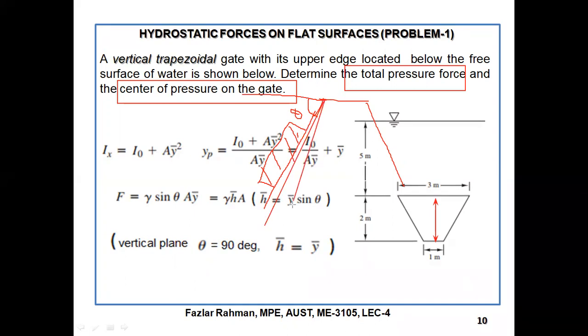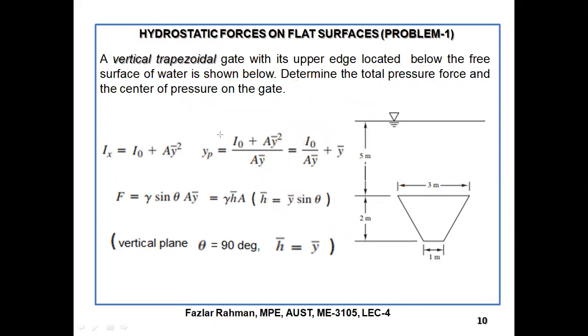At 80 it inclines, at 90 it is straight vertical. Clear? So it's saying a vertical trapezoidal gate. So he already mentioned a vertical trapezoidal gate. That means right over here the angle will be 90.